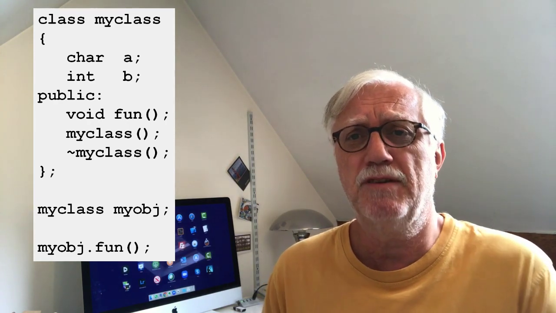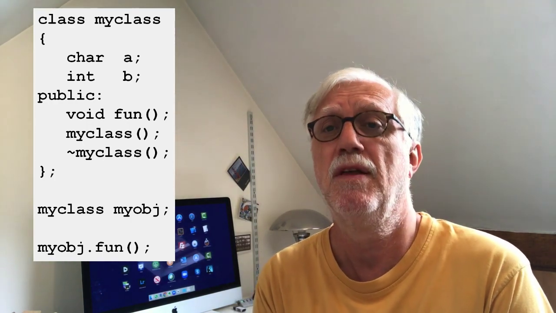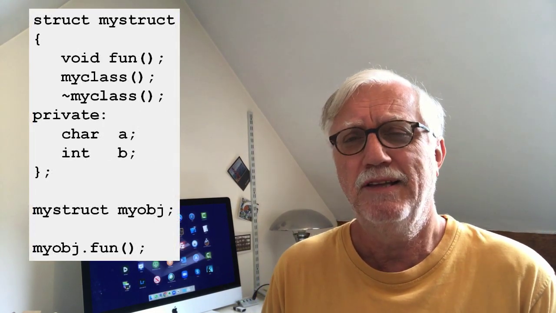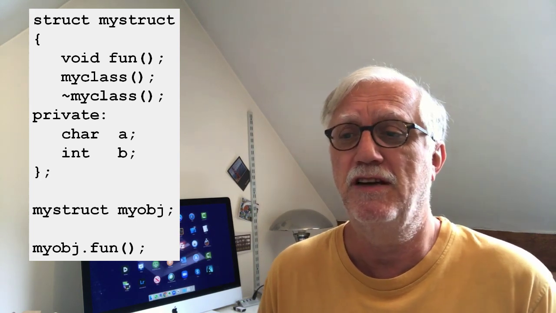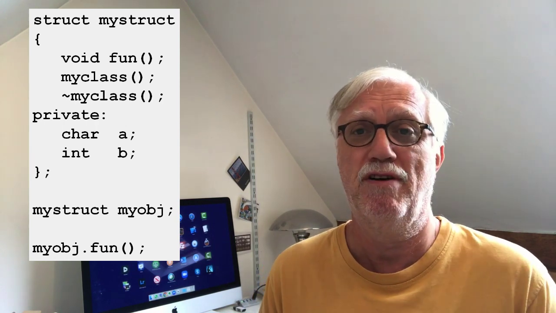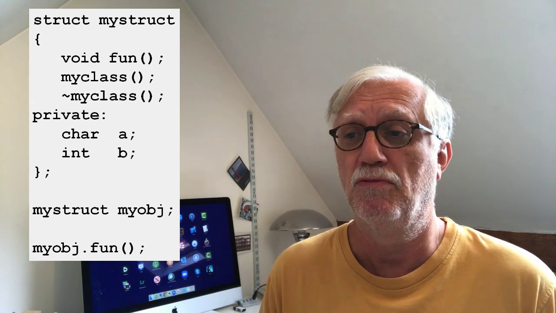So we've talked about structs in C, and I've said that a C struct will work in C++. What else can we do with structures in C++? Well, we can have one like this. That looks mysteriously like the class that I just showed you. The only difference is I've actually moved the member variables down to the bottom and labelled them as private, and I've put the functions at the top and not labelled them at all.